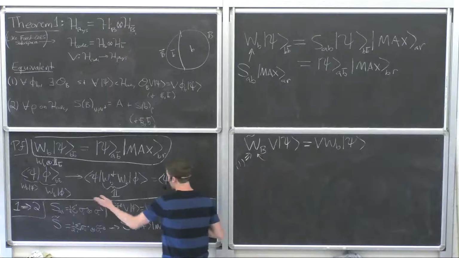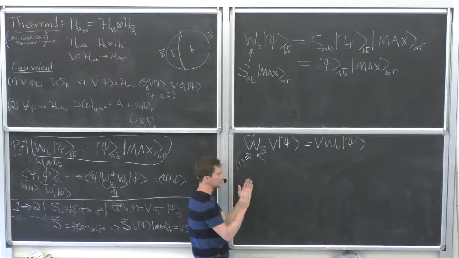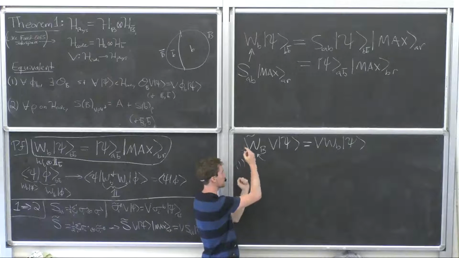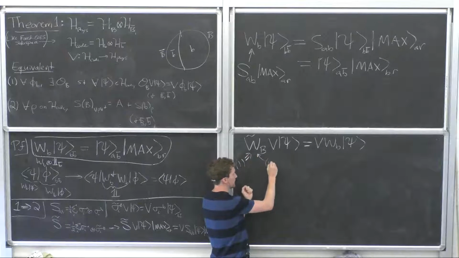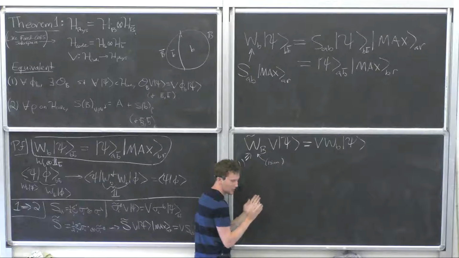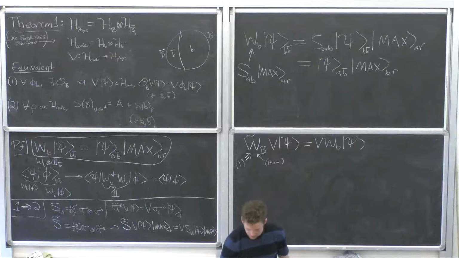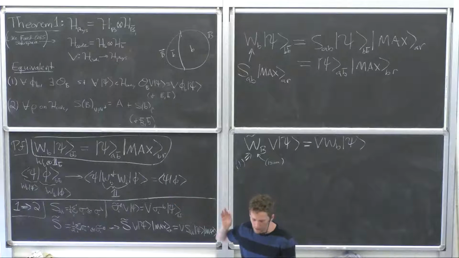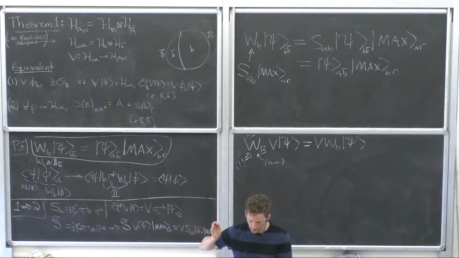So for proving 1 implies 2, the whole deal is showing that there exists this WB from the assumption of 1, and also that it's an isometry. And you may see it's an isometry, because it's the same argument that we had for W little b, but I leave it as an exercise for you to prove that.